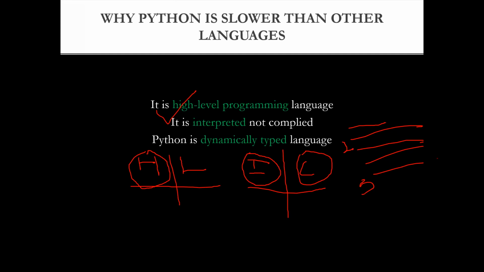As soon as it sees an error in line number 2, it will simply come out of the loop and give us an error message that you have so-and-so error in line number 2. Until we rectify that error, it will not execute the following lines. It will not look into line number 3, 4, or 5. As and when it encounters an error, it will simply come out of the loop and notify us about that error. Are you getting it?